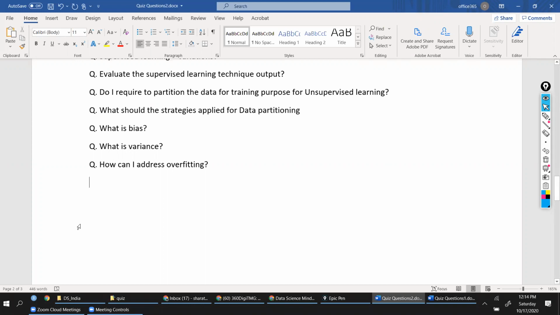Very good. By applying regularization techniques. Can you name regularization techniques? Very good. Lasso, ridge. What else?